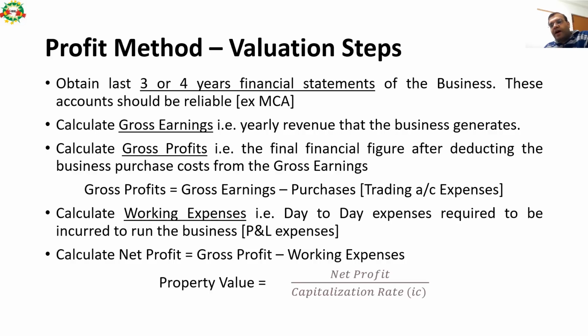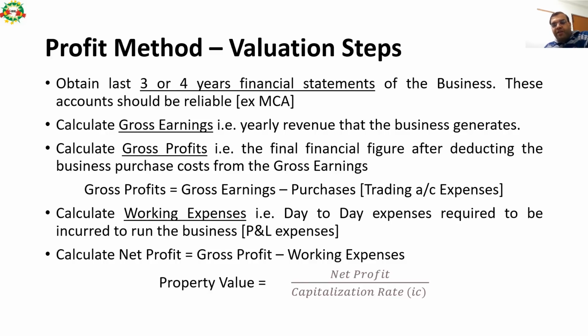For example, say I have a manufacturing unit of steel bars. In that case, my trading expense, my purchases, will be steel, scrap, could be electricity. And my mobile expenses and marketing expenses will be my day-to-day P&L expenses.